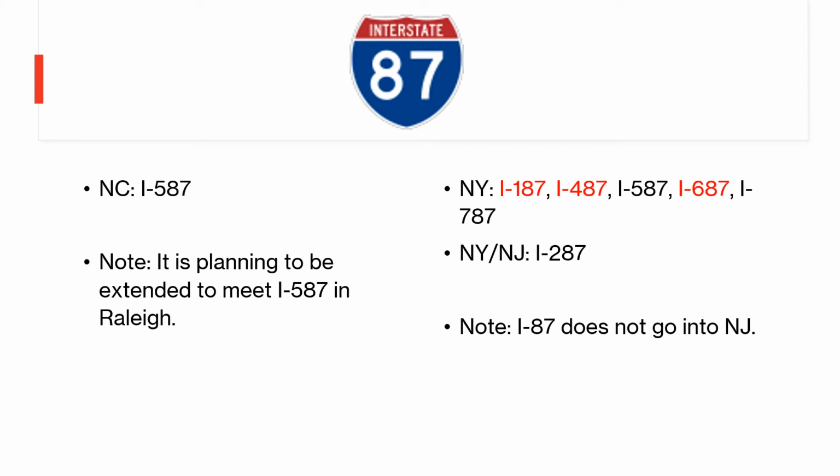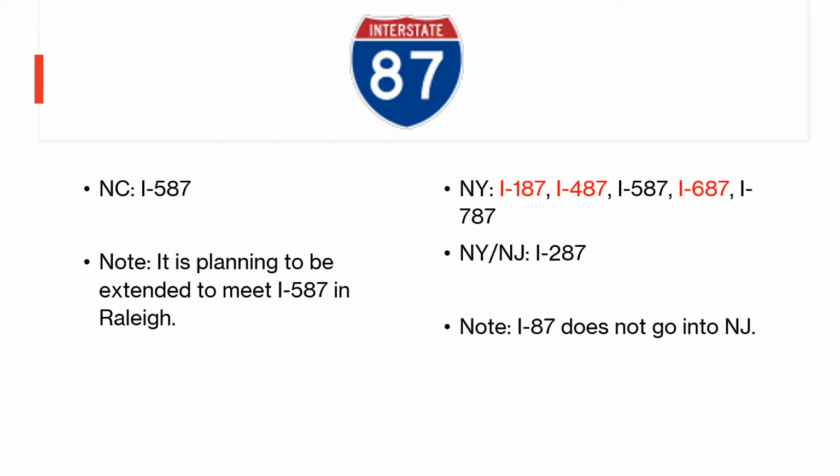Interstate 87, this is the other one that has two routes, the two 287s, that are not planned to meet. In North Carolina, you actually have I-587. There's a section that opened just this year that extends from I-95, and I believe it goes to Greenville, North Carolina.